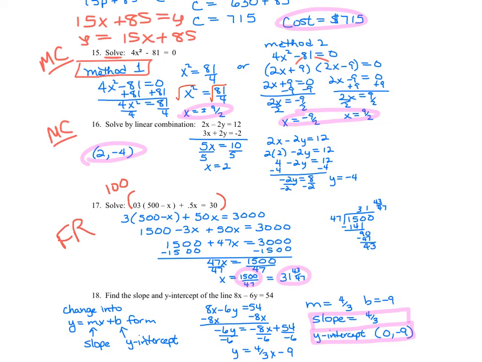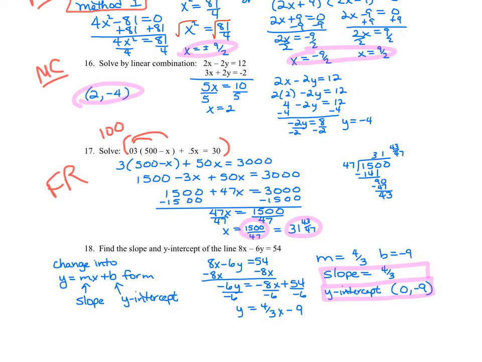Now, if you'd rather distribute it as the decimal and then work with it as a decimal, you can. You're still going to get the same answer. On this question, if you want to leave this improper, I'm okay with that. So you can leave this as 1,500 over 47. Now, if 1,500 over 47 could have been reduced more, you should do that.